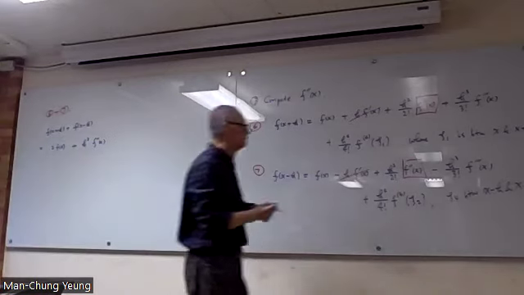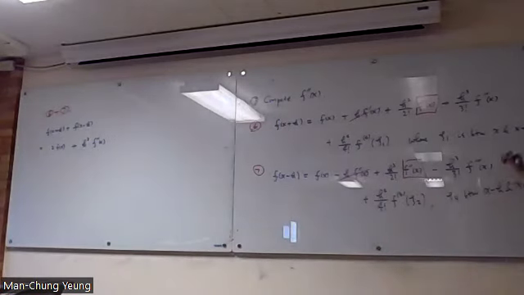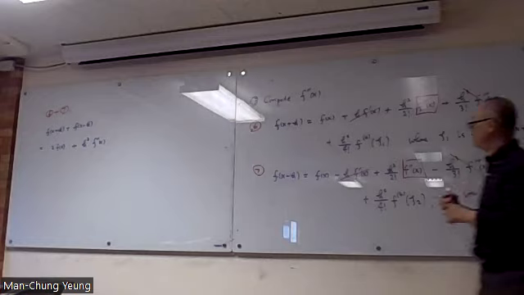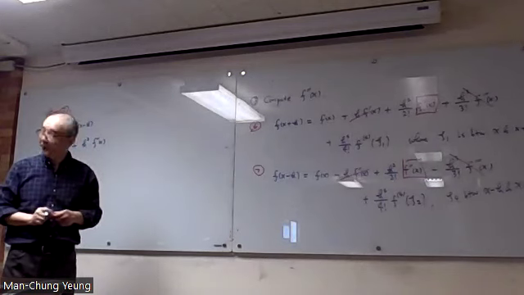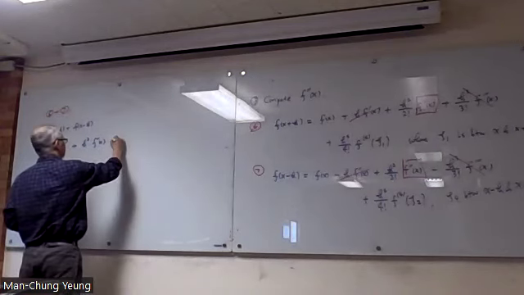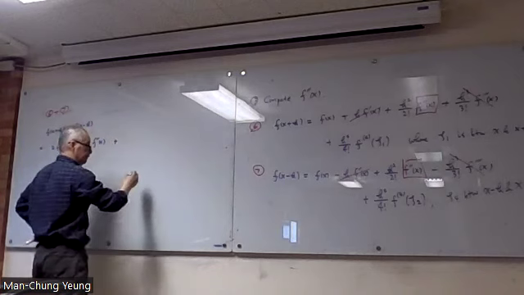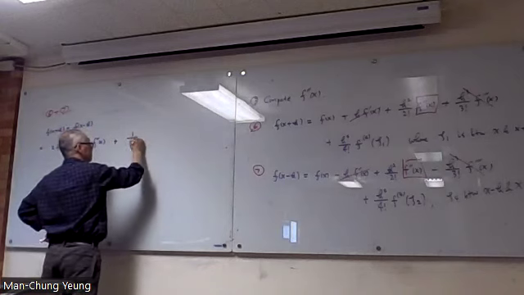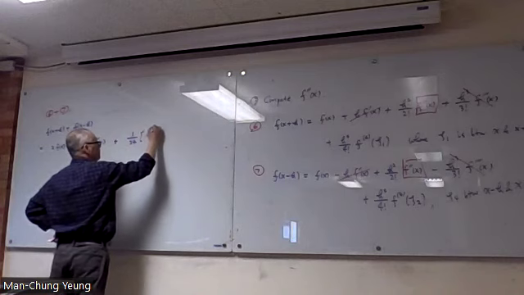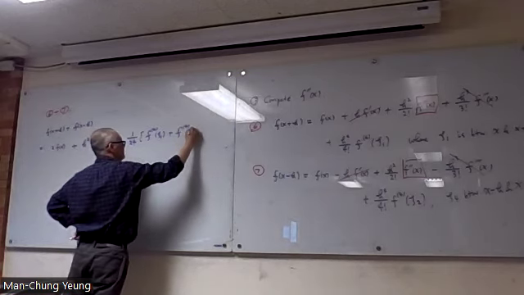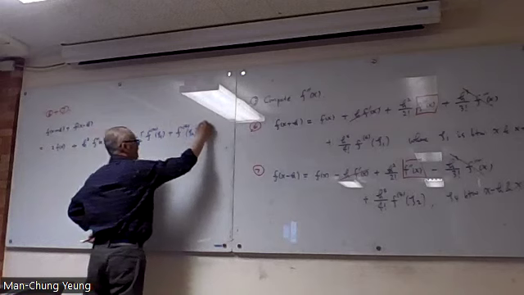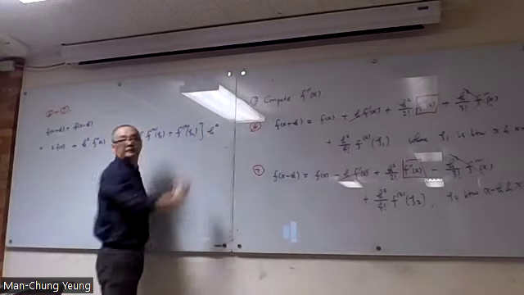The next term cancels. Then the error term: 4 factorial is 24, so 1/24 times f fourth derivative at psi 1 plus f fourth derivative at psi 2, times h to the 4.